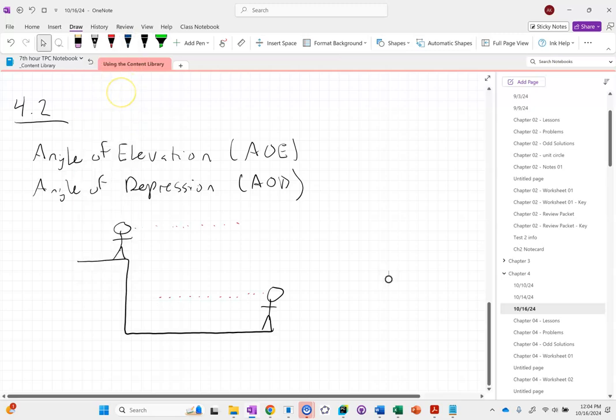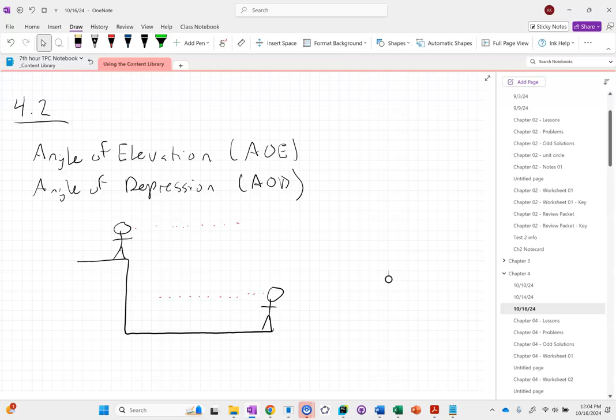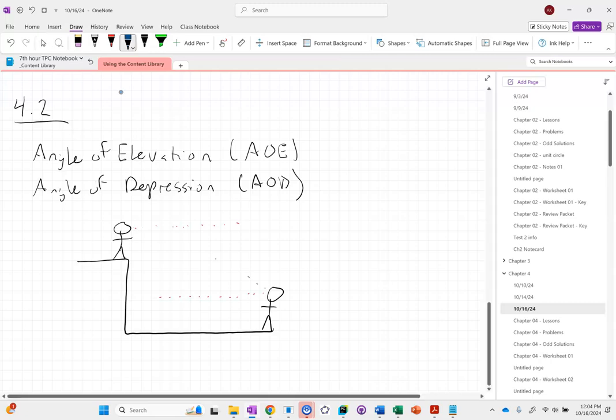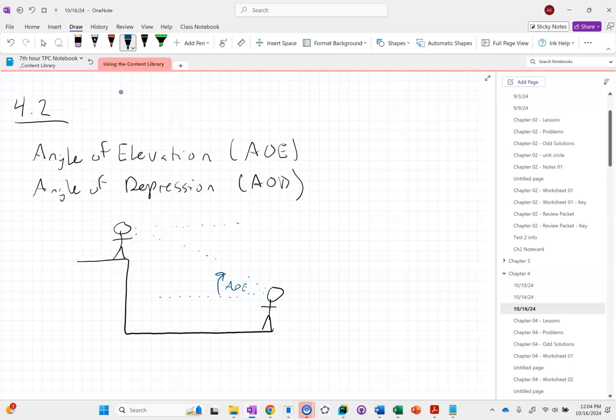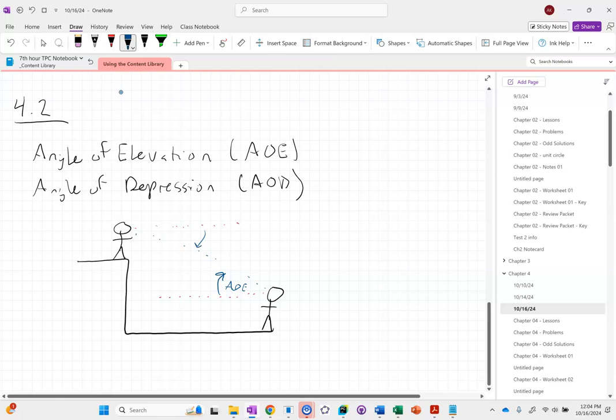If we take the person down low who's looking straight ahead, to look at the person up high, they have to lift their head a little bit. So that would be an angle of elevation. The person that's up high, to see the person down low, has to tilt their head down. So this angle here would be your angle of depression.